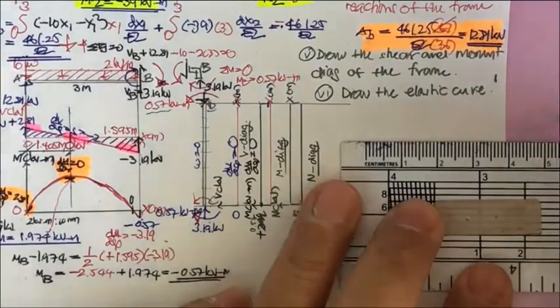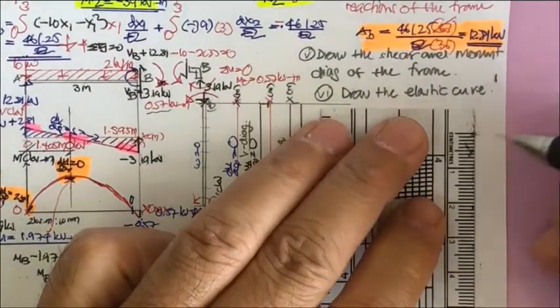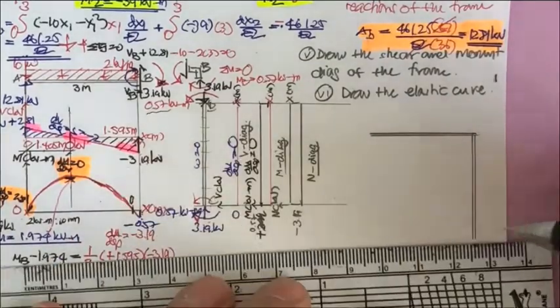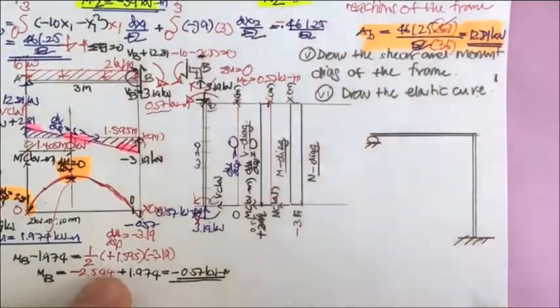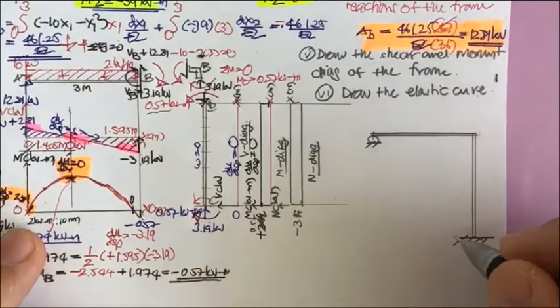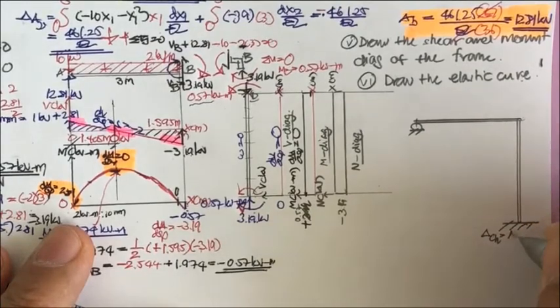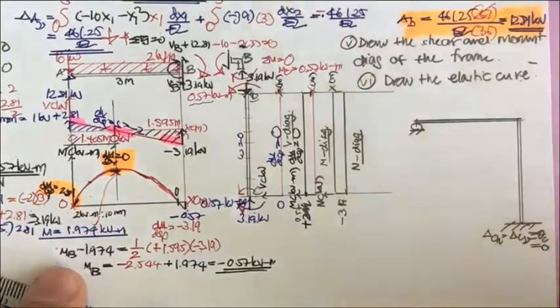What we have is the frame of 3 meters here and 3 meters here, and this is fixed, this is the roller, and then this is on the support we have. Okay, as we mentioned before, delta sub CH equals delta sub CV, and this is zeta sub C. All of them equal 0, no movement.